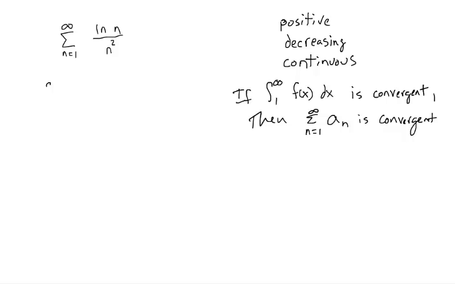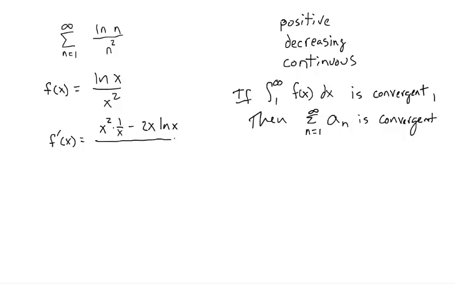So if we said that f of x is equal to the ln of x over x squared, then f prime of x is equal to x squared times 1 over x minus 2x times the ln of x, all divided by x to the fourth.